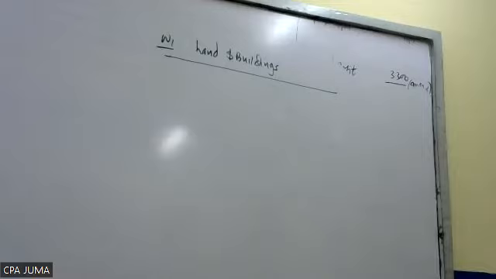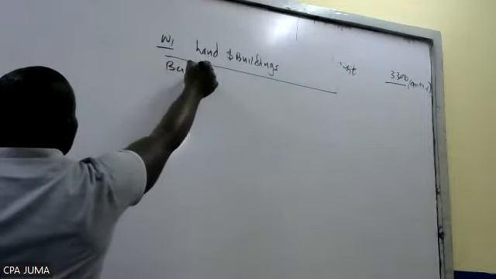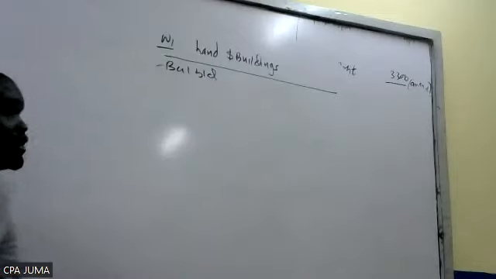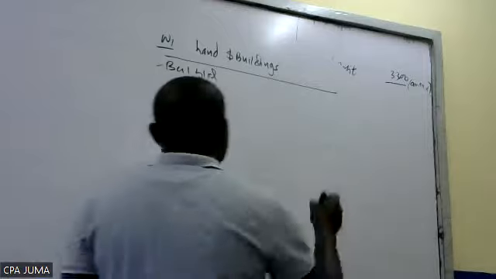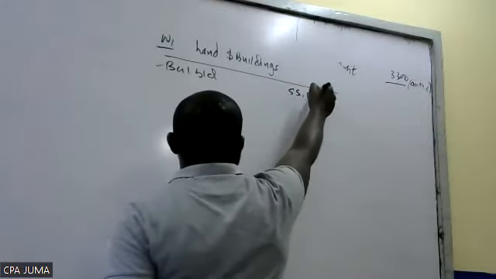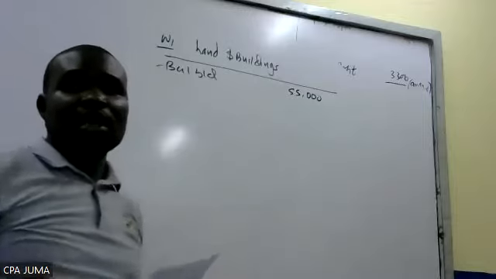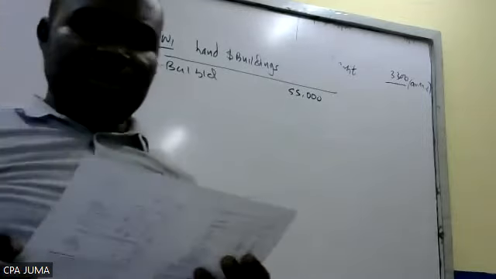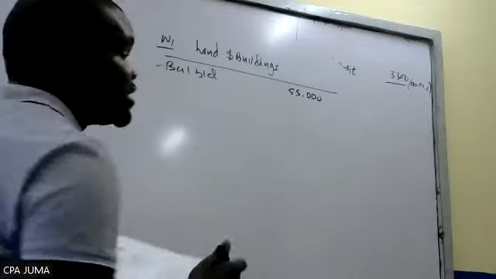So land and buildings, what was the balance brought down? This is the first item in our trial balance. 55, eh? So land and buildings was 55. Check note number 1. Additional information number 1. Land and buildings were revalued upwards by 10.